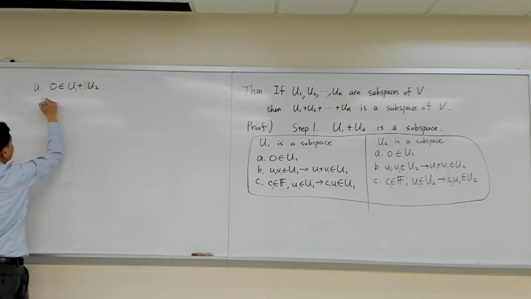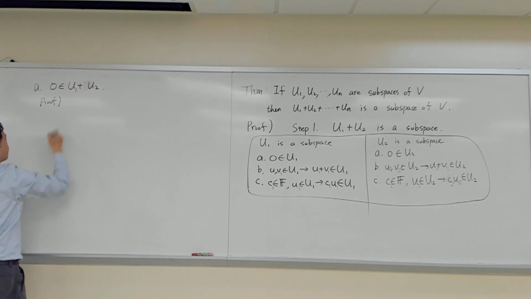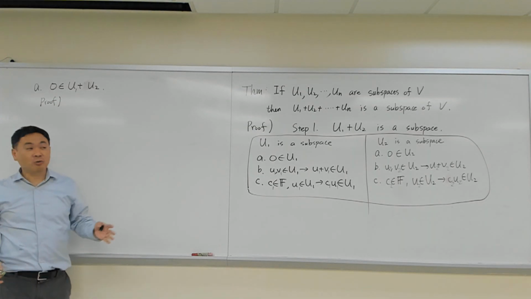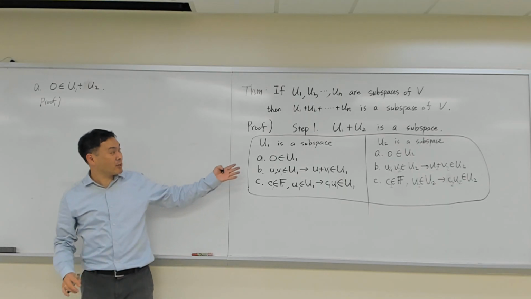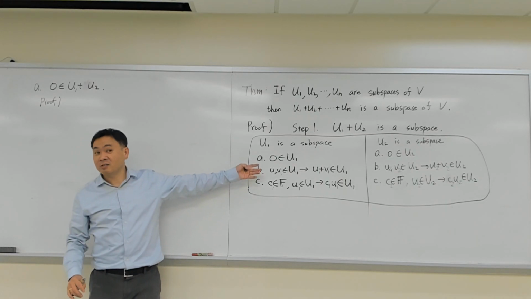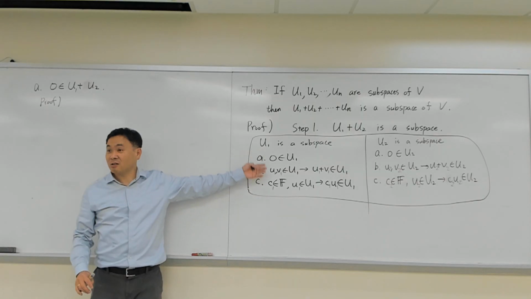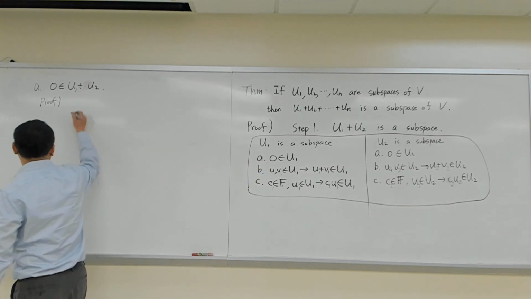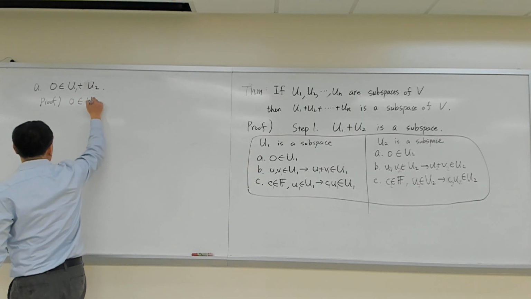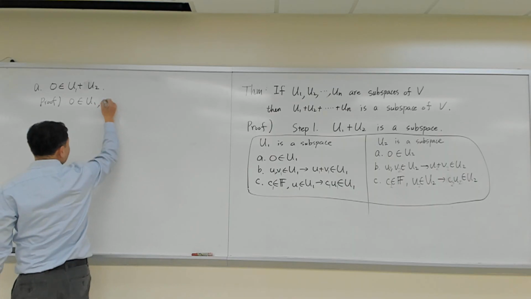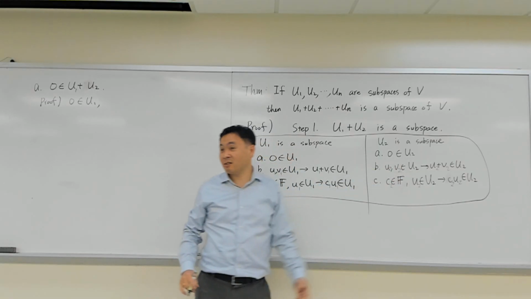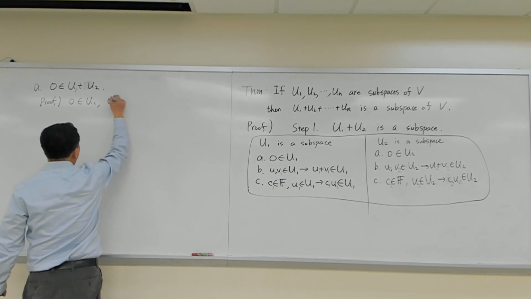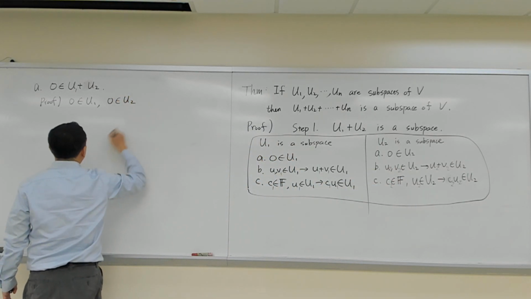Okay, how do you prove this? Well, look at the reference, see anything that's related to this. The first one, right? So you write down 0 is of course in U1, okay? And how about here? The first one again. Put 0 is in U2.